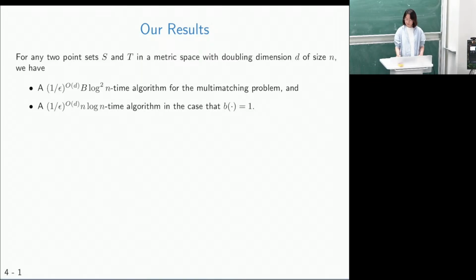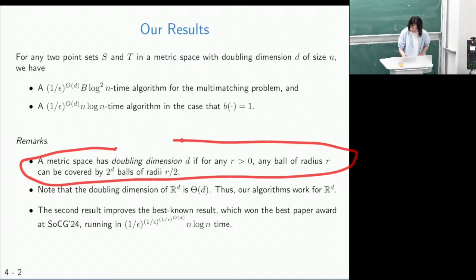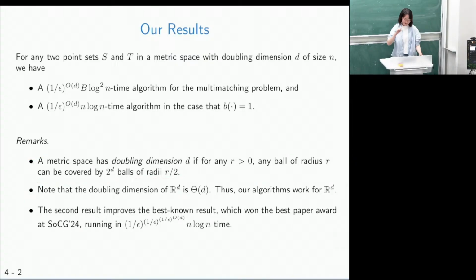What is doubling dimension? A metric space has doubling dimension D if for any r, any ball of radius r can be covered by 2^D balls of radius r/2. So for any ball of radius r, we can cover this ball using a constant number of smaller balls.